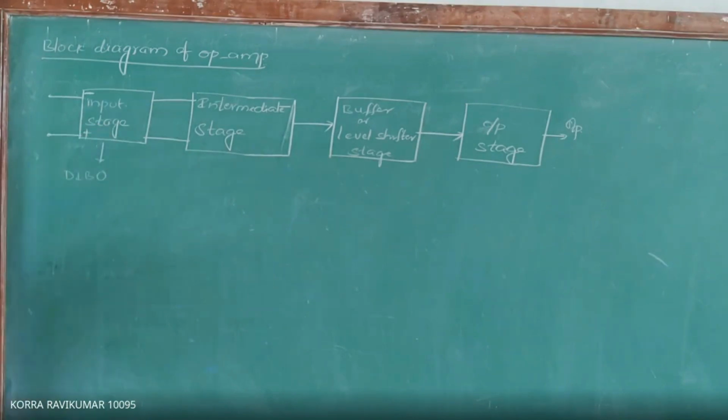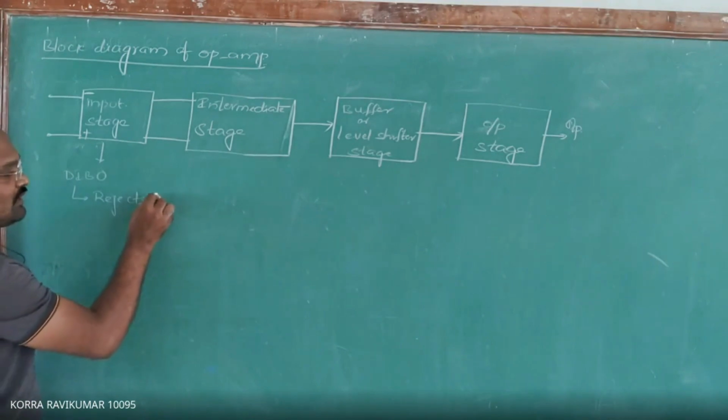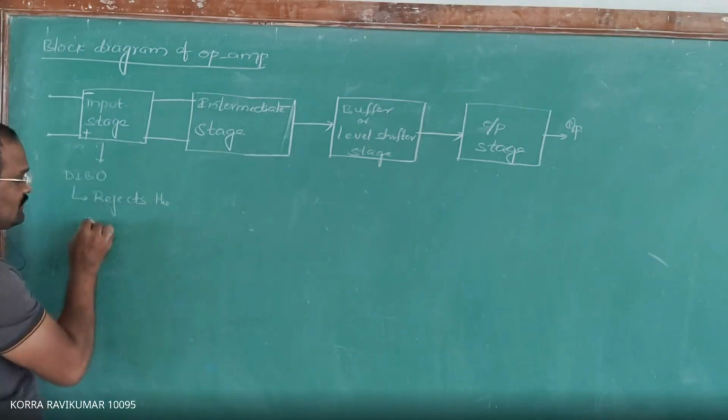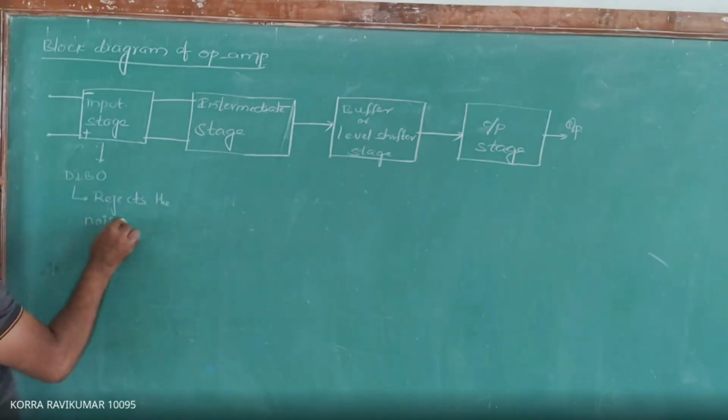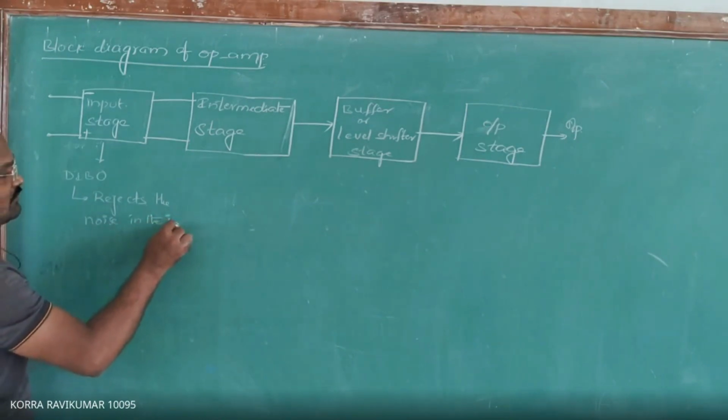The purpose of the dual input balanced output differential amplifier is that it rejects the external noise in the input signal.